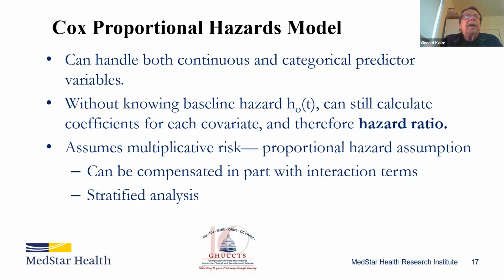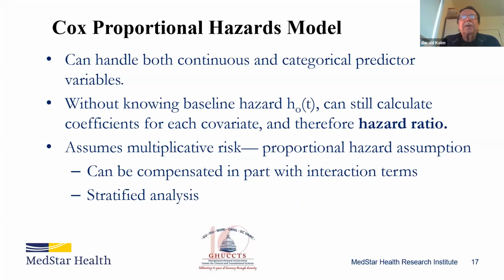Just as with linear and logistic regression, our predictor variables or covariates can be either continuous or categorical. But Cox proportional hazards regression is what's called a semi-parametric model, because we don't have to know the baseline hazard rate.